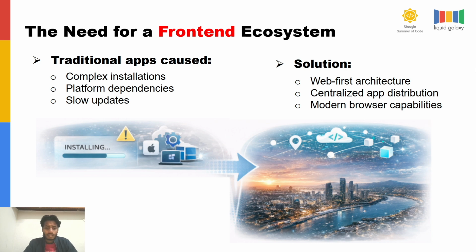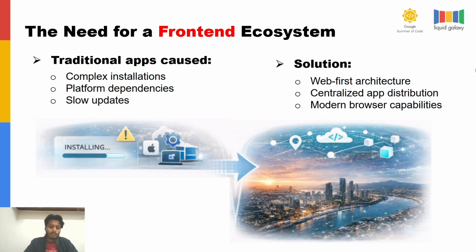In a web-first approach, applications are centralized, updates are instant, and deployment is simplified. Instead of installing apps on every node, you host the app once and access it through the browser. Modern browsers are extremely powerful. They support advanced graphics, offline capabilities, background tasks, and secure APIs.